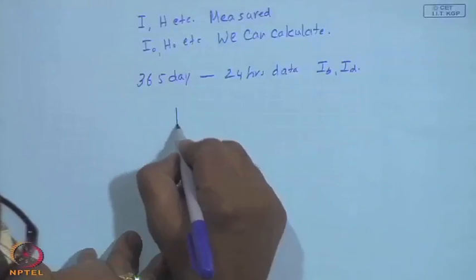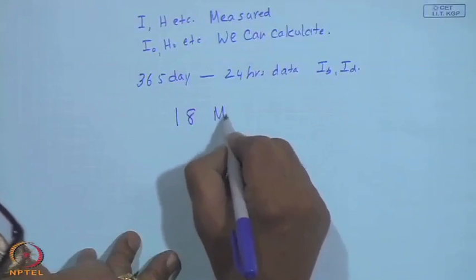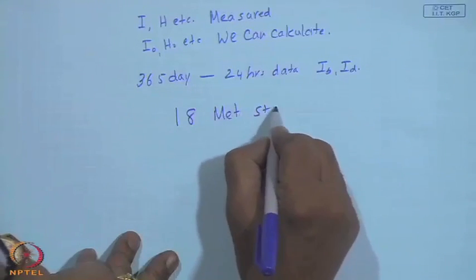Then, as we said, these 244 locations of TM/2 are also not all measured information. Some of them are approximate measurements, some of them are derived quantities from other measurements, which depend on the type of instruments. And in India, we have only 18 meteorological stations.